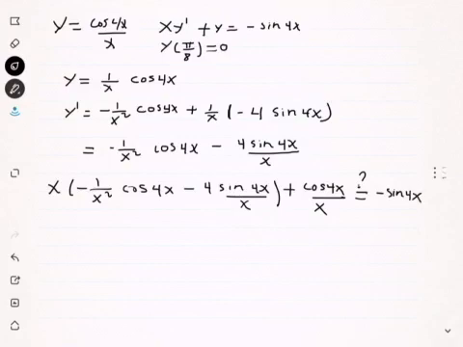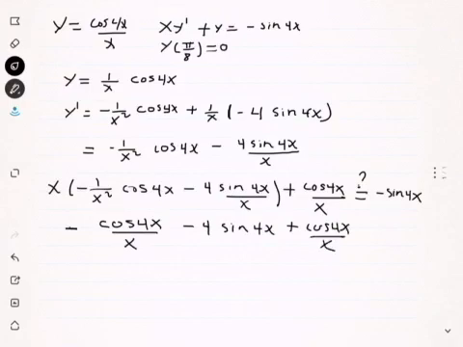Getting rid of parentheses here, we get minus cosine of 4x divided by x, and then minus 4 sine of 4x, plus cosine of 4x divided by x, and we want to see if this equals minus sine of 4x.